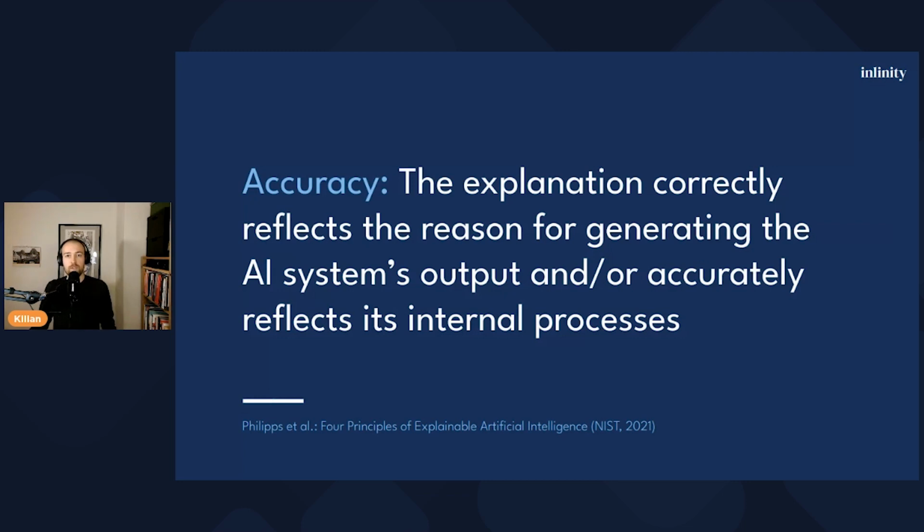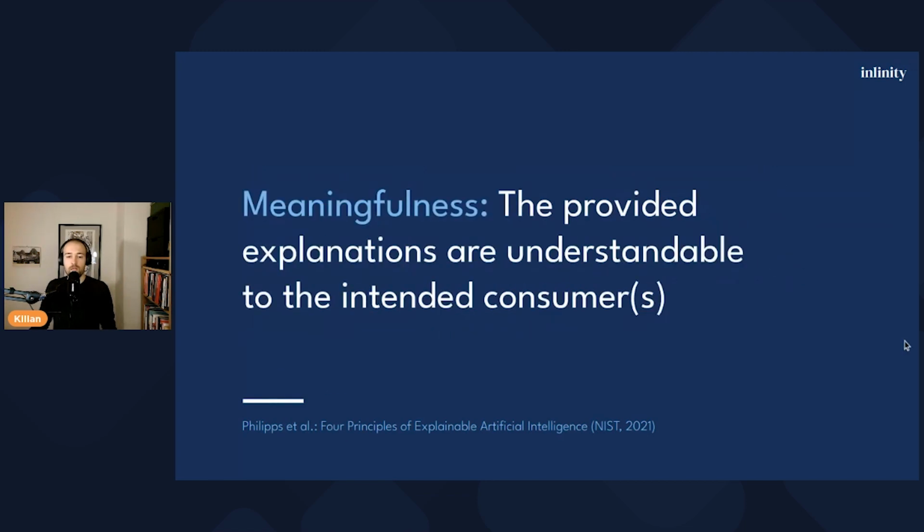And that's something which is very technical. So for most explanations and explanation methods at least, you can assess this without ever asking a human, because you can check whether what your explainability algorithm outputs matches what the model is doing on a more technical level. And so we'll not go into more detail on this here.